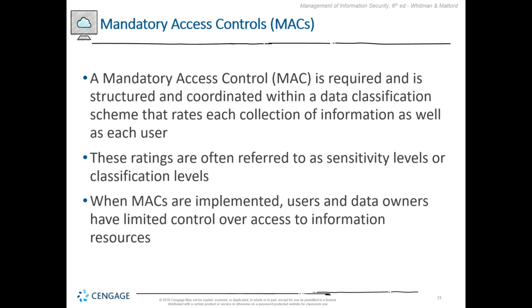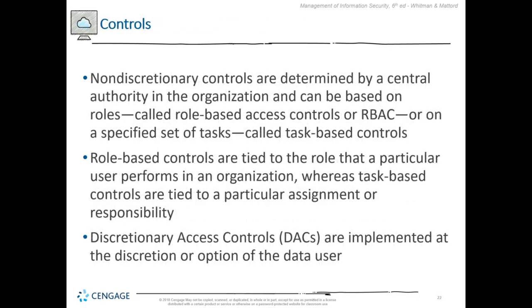So the 3-level classification used in the U.S. government is confidential, secret, and top secret. So your organization may not use those classifications. They may use something, say, confidential or sensitive, maybe for official use only or internal use only, and then public for the information there.